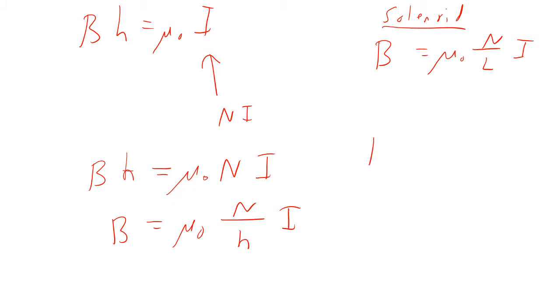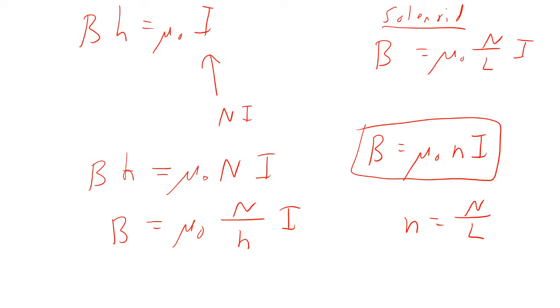And so we make a new definition. Little n equals the number of loops over the length of the solenoid. And so there you have an expression for the magnetic field in a solenoid. It's equal to mu naught times the little n, which is like how tightly wound the solenoid is, the number of turns per length, times the current in the solenoid.